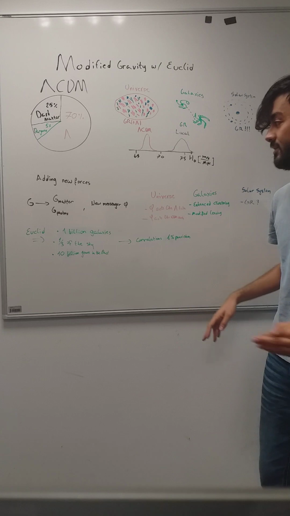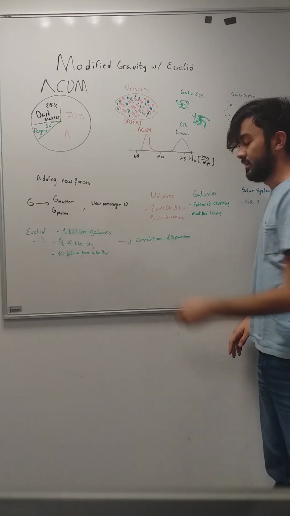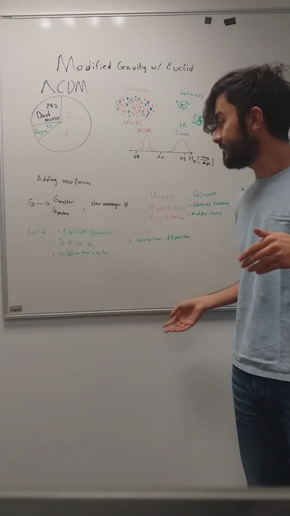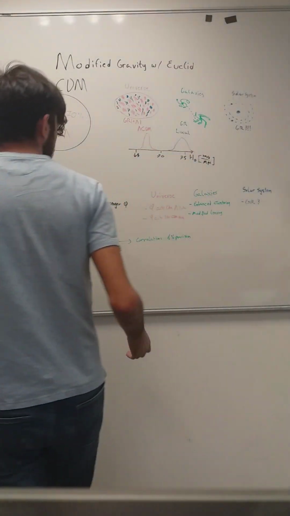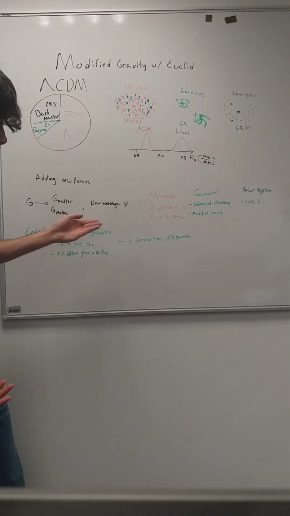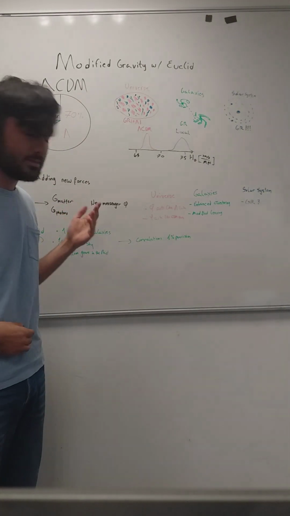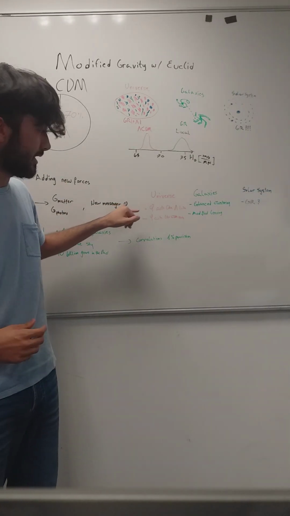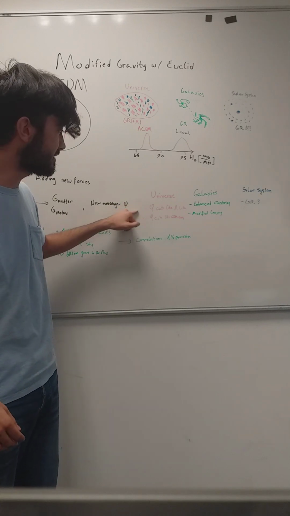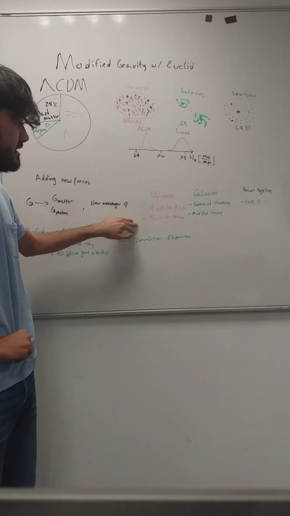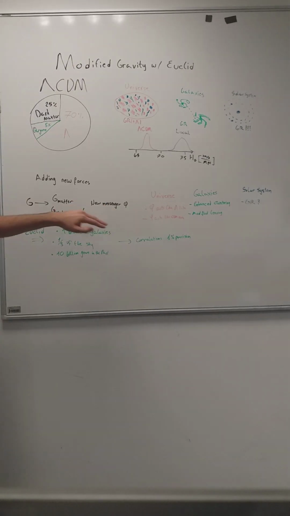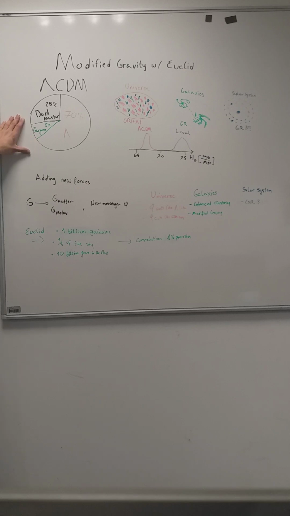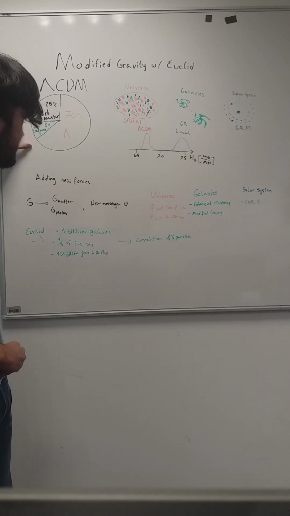And adding a new force, of course, comes with a new messenger particle. I've denoted it phi. These modified gravity theories then have the effect that on the scale of the universe, these new messenger particles that come with a new field act like a lambda, like a cosmological constant, at late times, while at early times they actually act like cold dark matter, which is a nice way of handling both problems of the lambda CDM model.